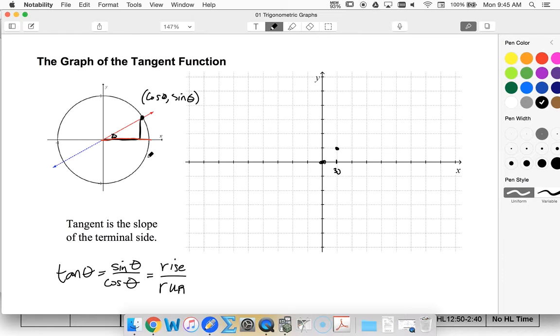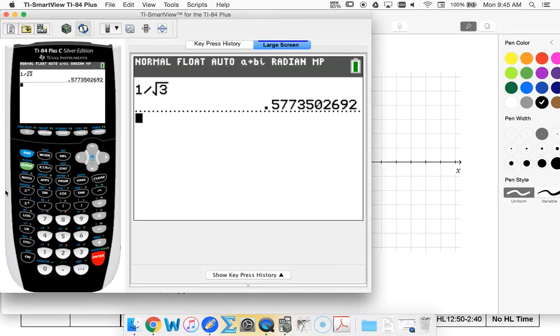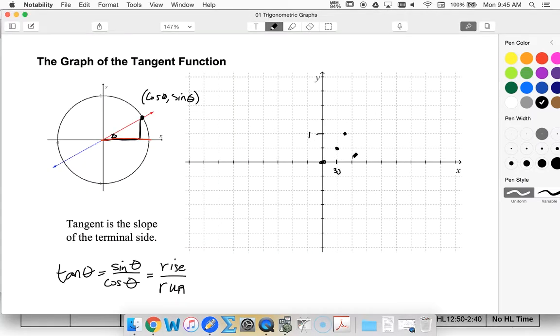I know at 45 degrees, that's when my tan value is 1. So here's 1. At 60 degrees, I'm going to have root 3 as my tan value. So root 3 is about 1.7, all right. So 1.7 is going to be somewhere up around here.